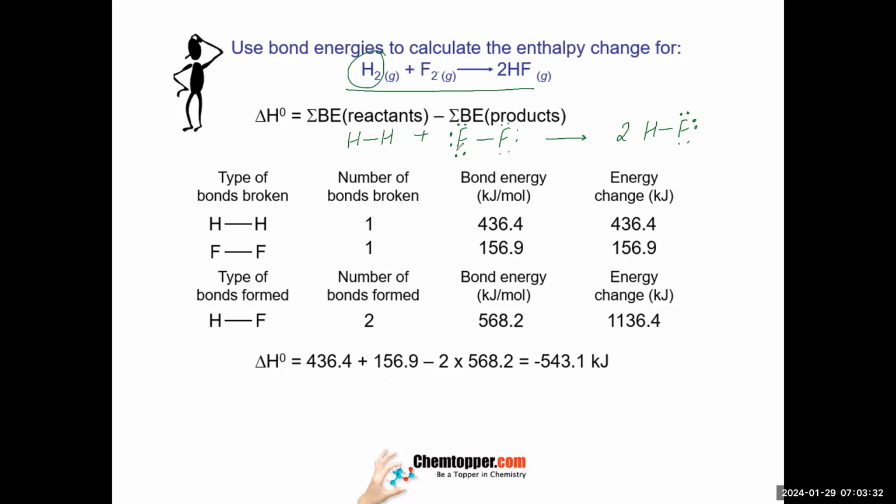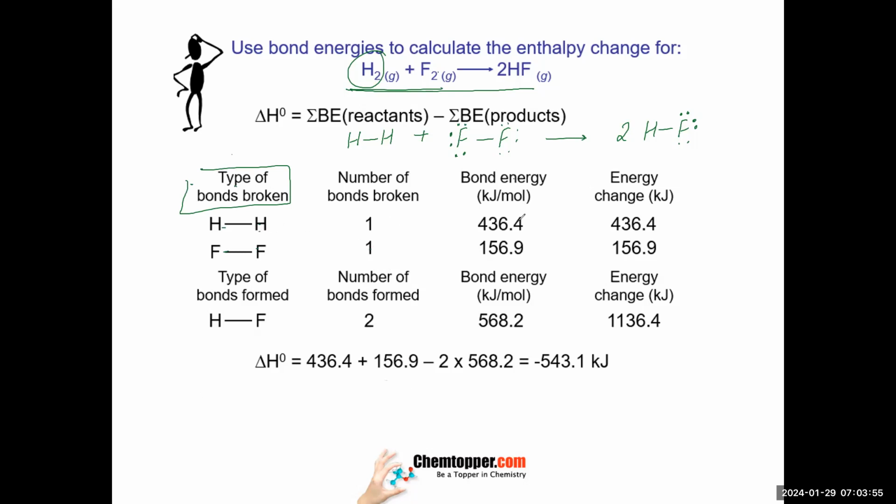Okay. Now what bonds are you breaking? Of the reactants, types of bonds broken. So write down a column like this. The bonds which I'm breaking are H-H and F-F. How many H-H bonds am I breaking? From the balanced equation, one H-H, one F-F.